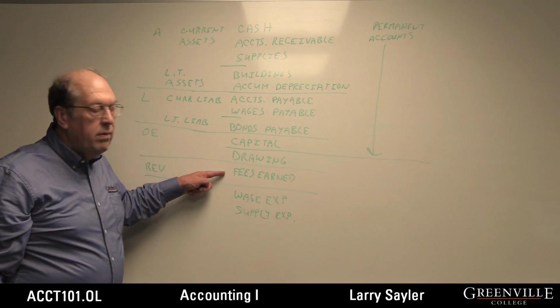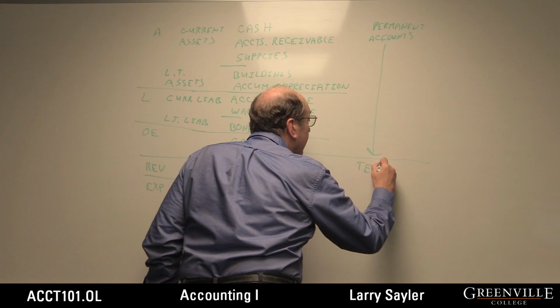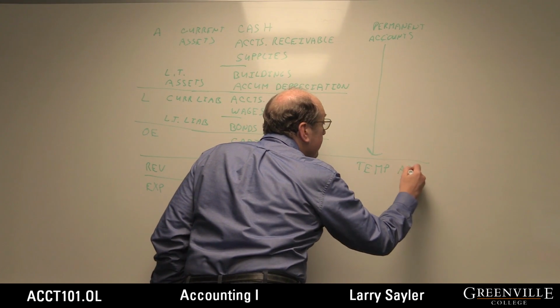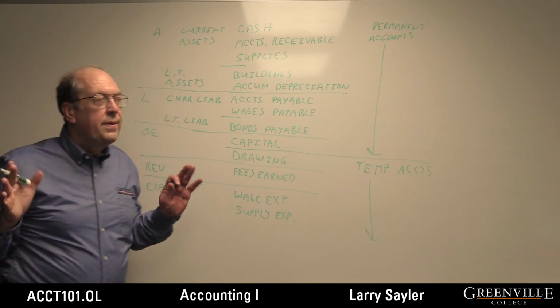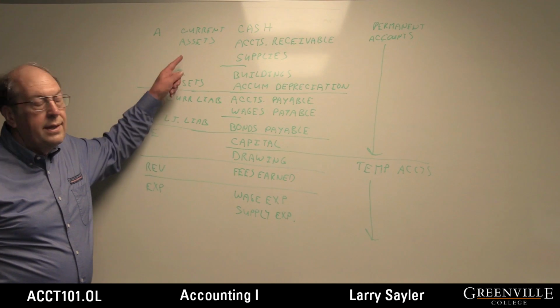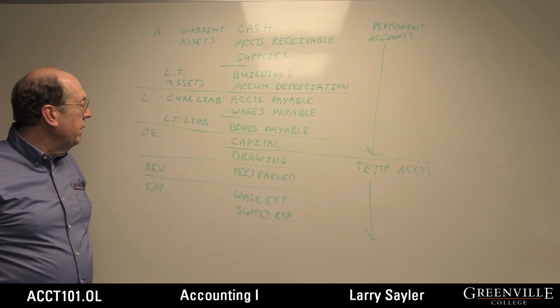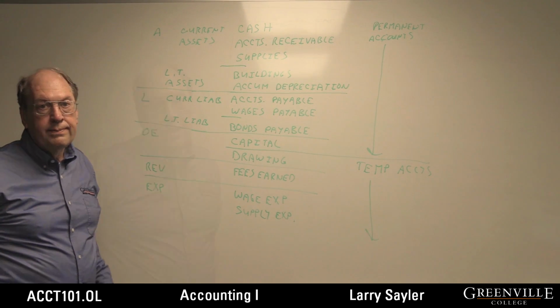Drawing and then our revenue and expense accounts are called temporary accounts. So it helps to start thinking about that, and we'll see why those accounts are permanent. Assets, liabilities down through capital, and then drawing, revenue, and expense are temporary accounts.